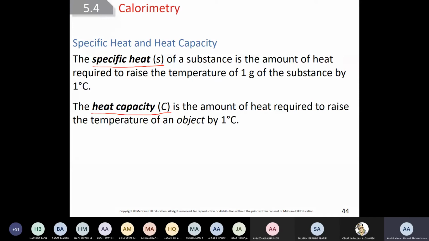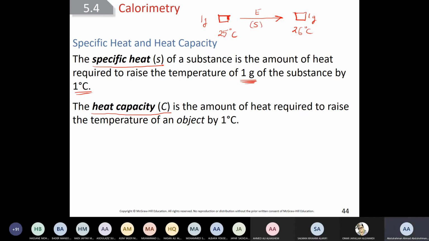Specific heat of a substance is the amount of heat required to raise the temperature of 1 gram of any substance by 1 degree C. So if you have 1 gram of anything, let's say at 25 degrees C, then you calculate how much energy to keep it 1 gram, but make the temperature 26 degrees C. Then the amount of energy required to raise this temperature is called specific heat.